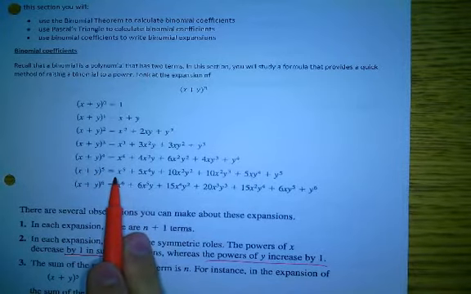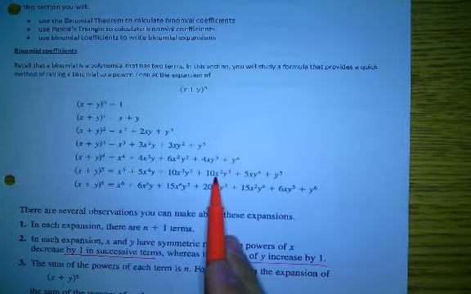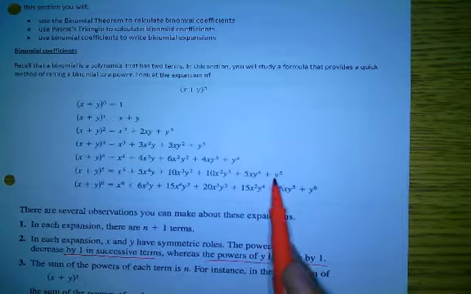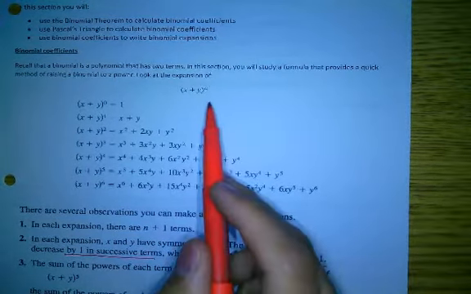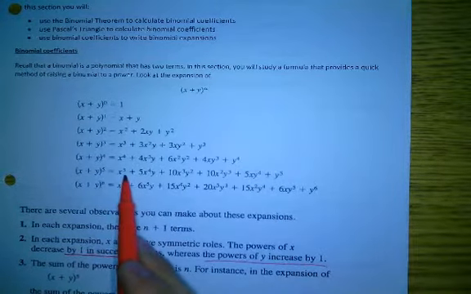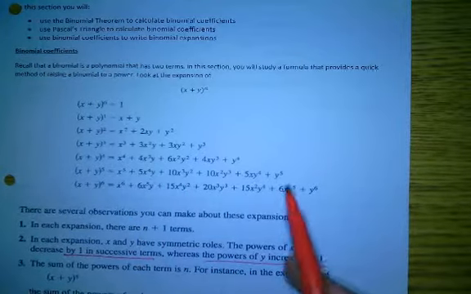Notice how you start with x to the 5th, and then x to the 4th, squared, x to the 1st. And lastly, technically you have an x to the 0, which you should know is 1. And now if you look at the y, you technically have a y to the 0 power here, y to the 1st, y to the 2nd, y to the 3rd, y to the 4th, y to the 5th. That's always going to occur.